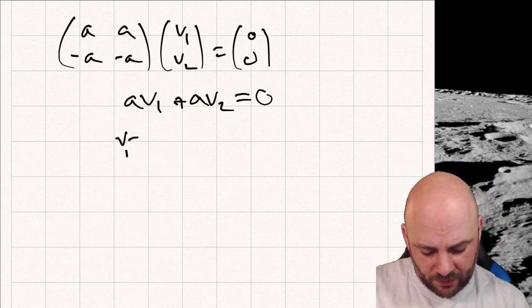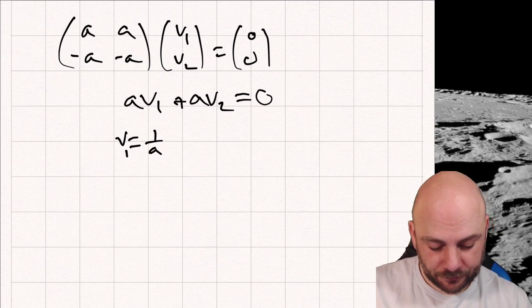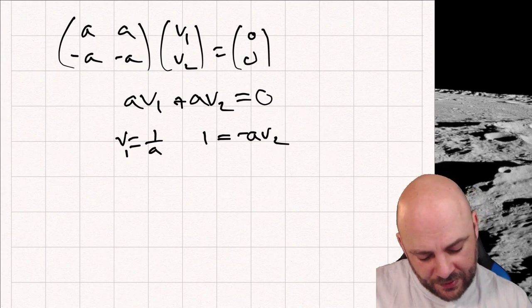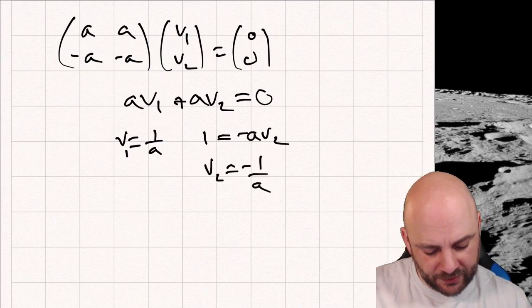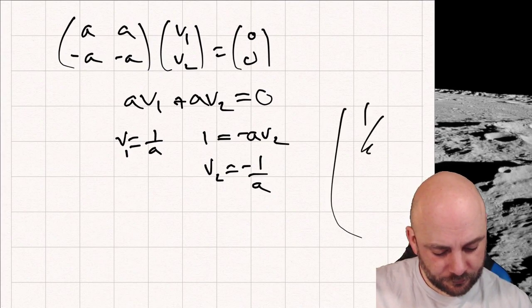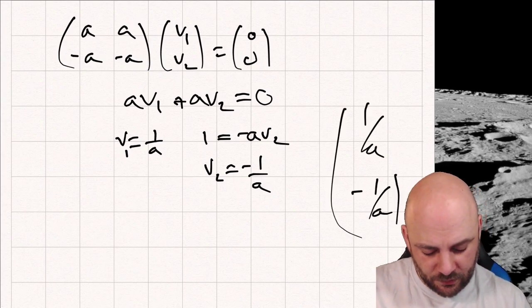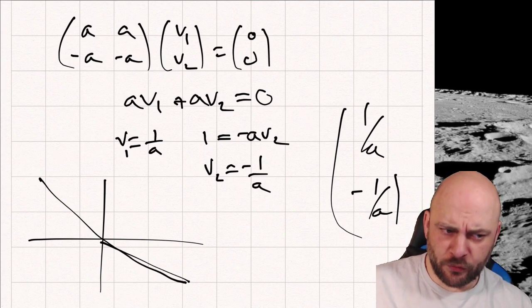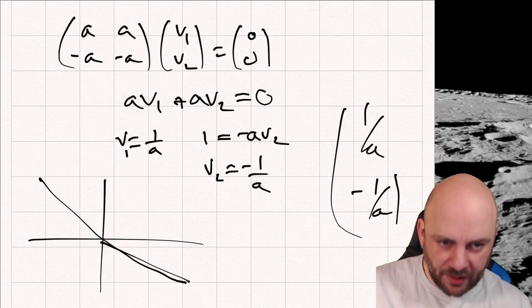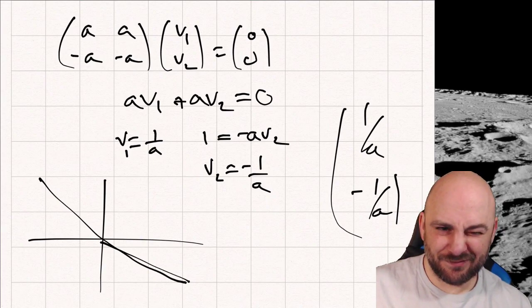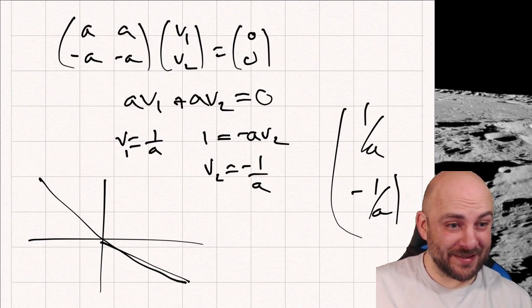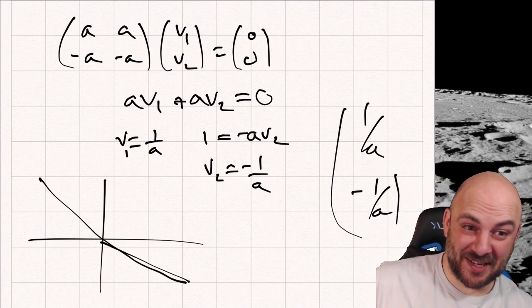So maybe we can let V1 equal 1 over A. And so then I've got 1 equals negative A V2, and so V2 equals negative 1 over A. And so I know that in that direction, which will look something like this, if A is positive, I have no movement. That's weird. But I also know now that I don't have a second eigendirection.